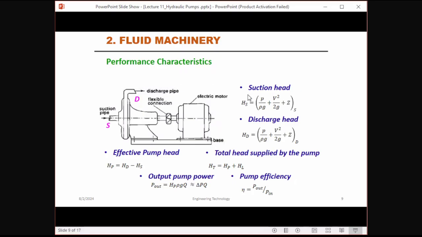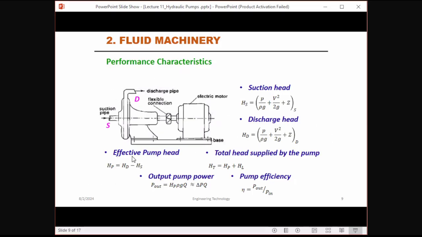Then you can calculate suction head using this equation. Here you can see the Bernoulli equation: P over rho g plus V squared divided by 2g plus Z for suction. The discharge also you can calculate using the same equation for the discharge area. You can apply it for the discharge pipe.